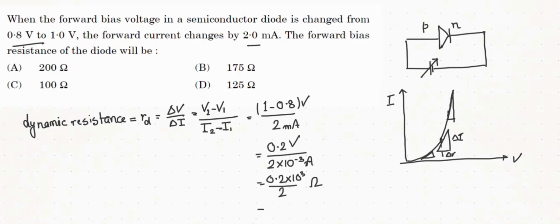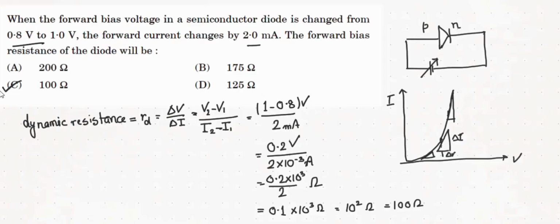So this will become 0.1 multiplied by 10 to the power 3 ohm, which is 10 to the power 2 ohm. So this will become 100 ohm. This is the resistance of the diode, which is continuously changing.